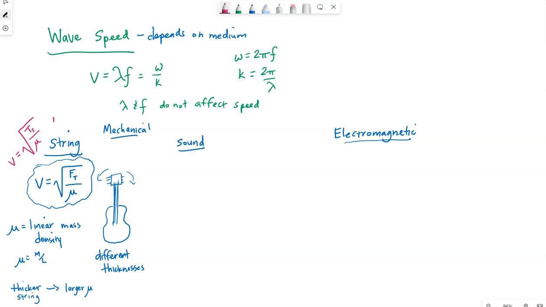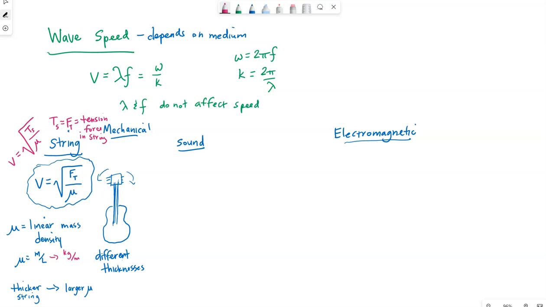But either way, T or F sub T means the tension force in the string. As far as SI units are concerned, that would be measured in newtons. Mu, our linear mass density, would be measured in kilograms per meter. So when we plug in the tension and that linear mass density, we end up with a value for the speed in meters per second, which is appropriate. That's our SI units for speed.